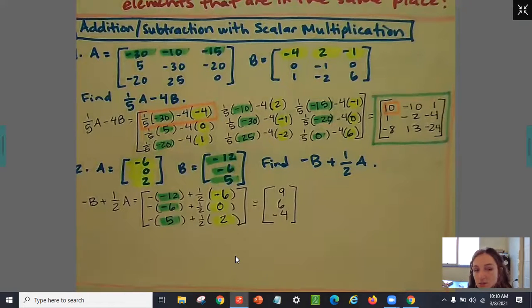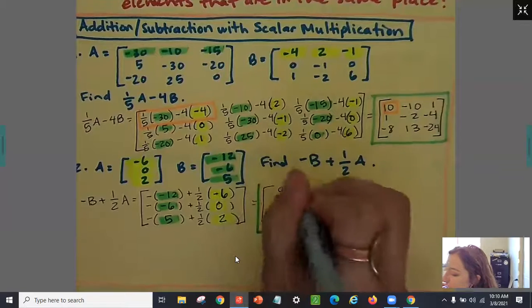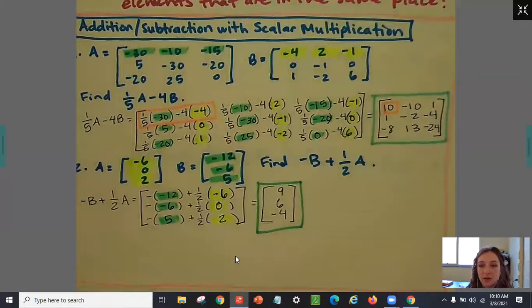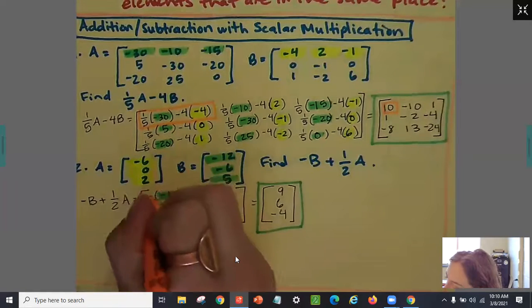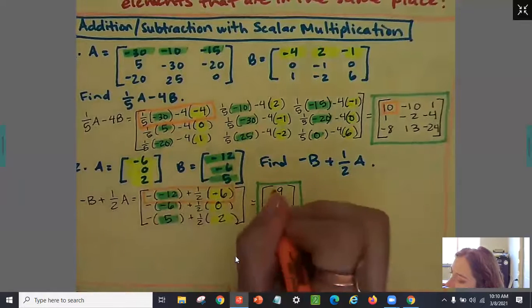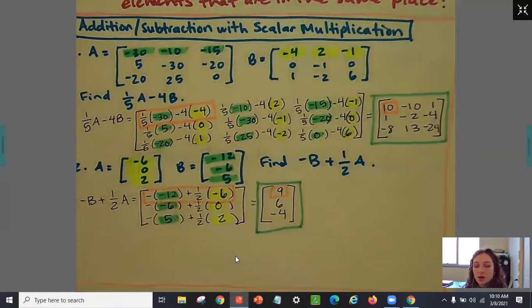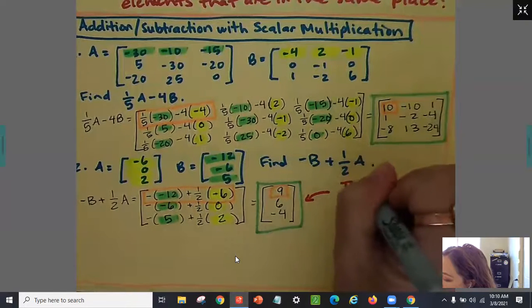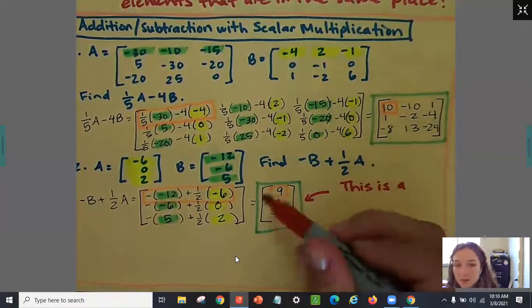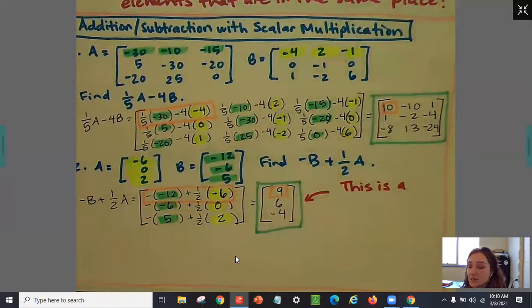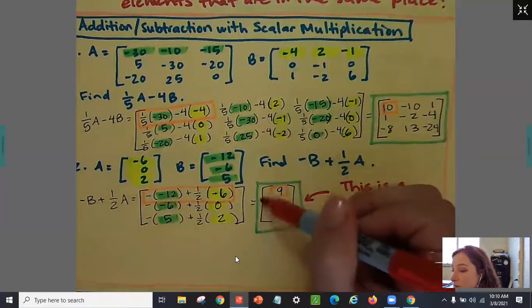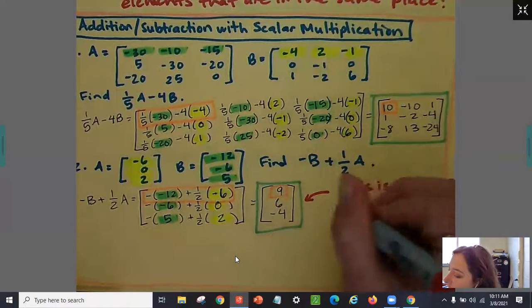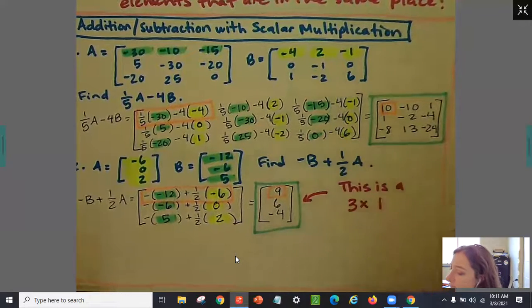Okay, so let's box this in. And again, the same thing with the last one. You're just typing this in, and that is equal to this there. Okay, and I just want to say one more thing. This is A, and the way that we say the size of the matrix is the number of rows by the number of columns. So this is going to be a 3 by 1 matrix.